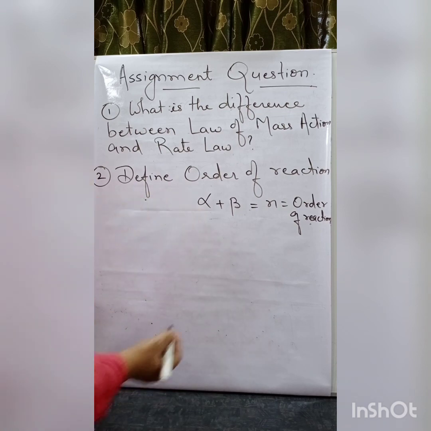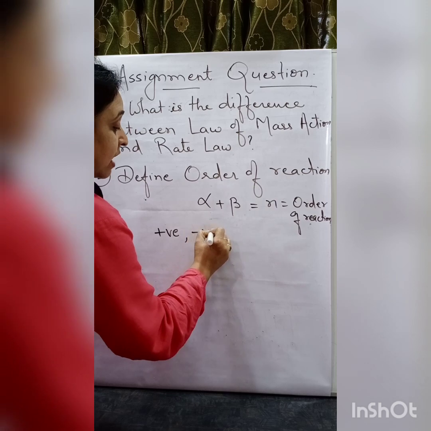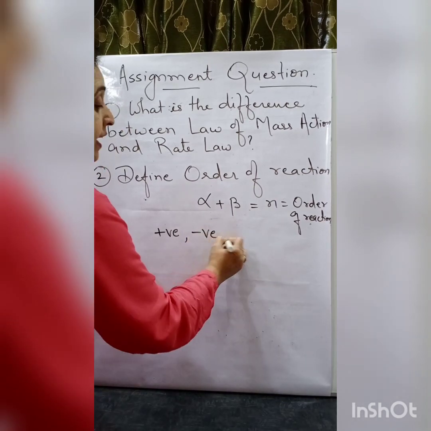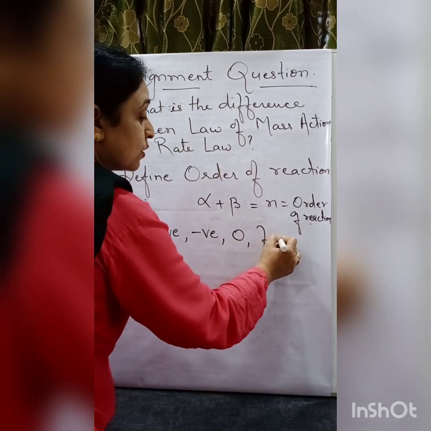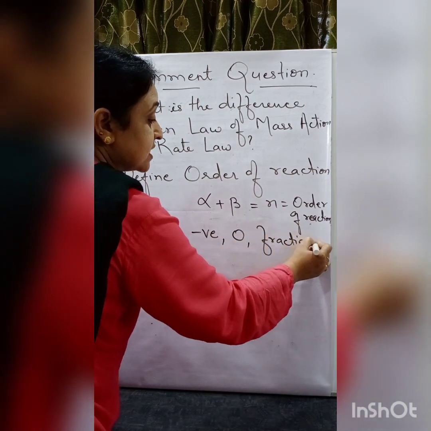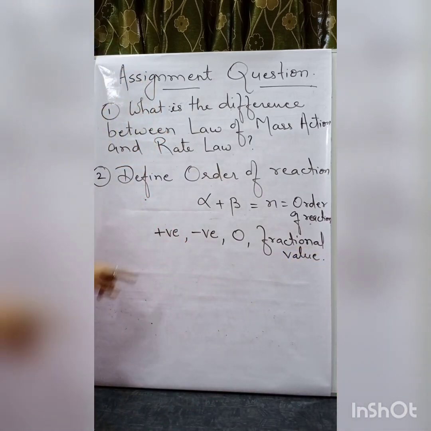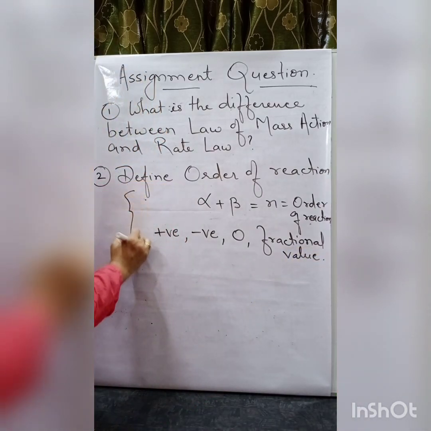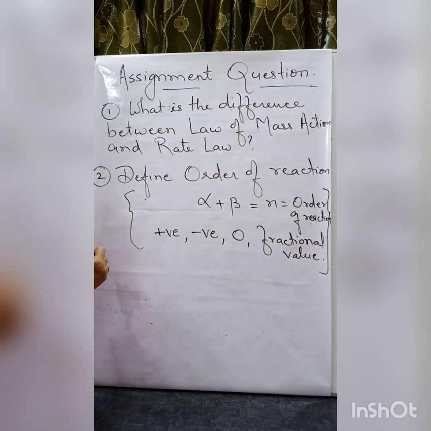The next thing, it can have a positive value, a negative value, the value 0, or its value can be in fractions. So fractional value is also possible for order of reaction. This is the most important hint about the order of reaction which you have to keep in mind.